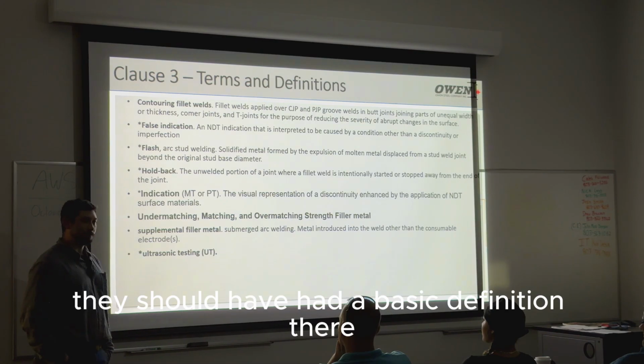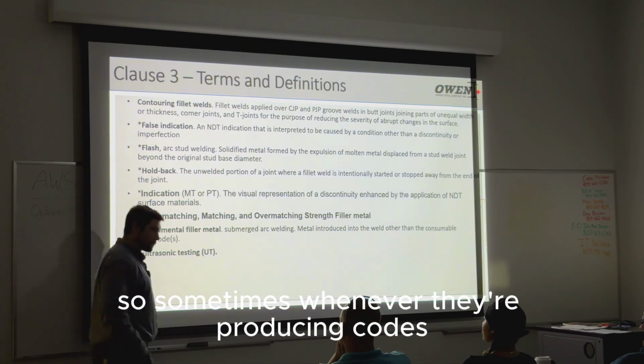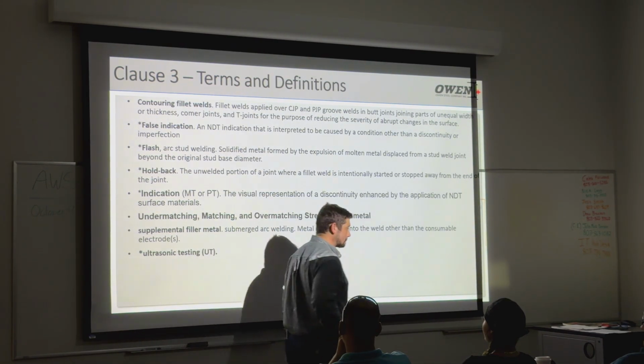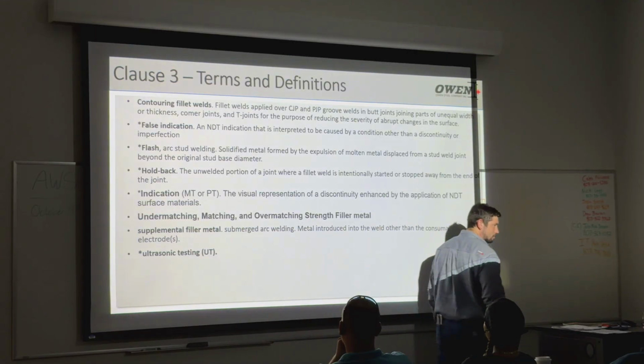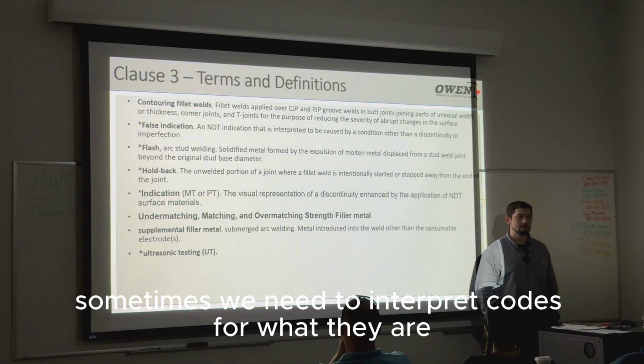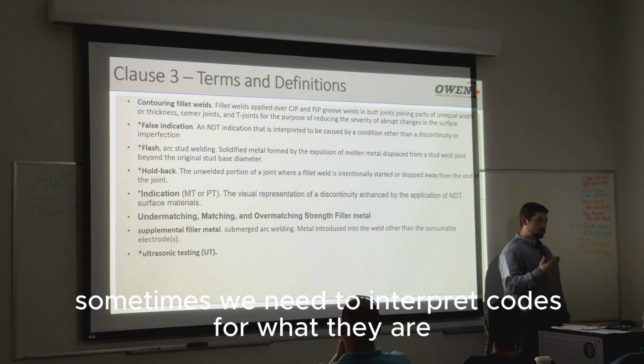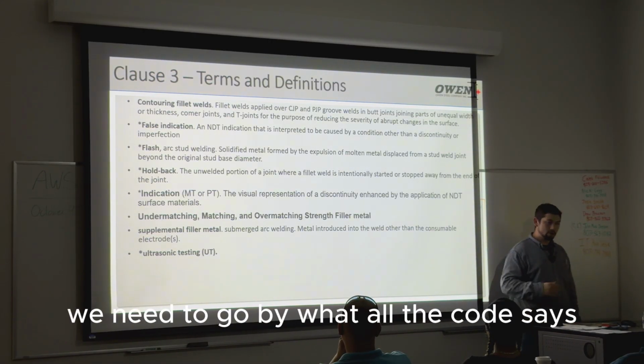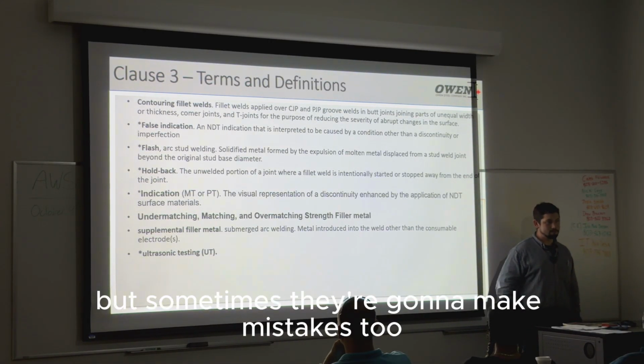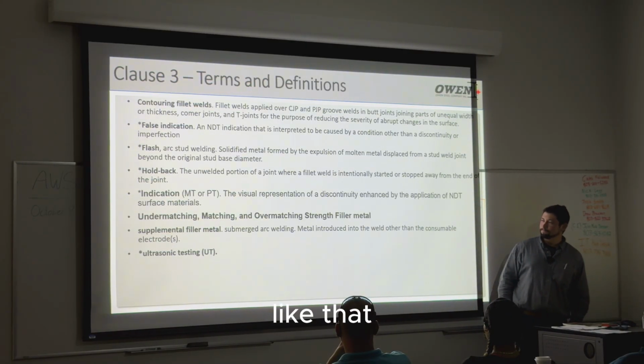They should have had a basic definition there. So sometimes, whenever they're producing codes, they don't give you everything. They're going to make mistakes sometimes. We need to interpret codes for what they are. We need to go by what the code says, but sometimes they're going to make mistakes too, like that.